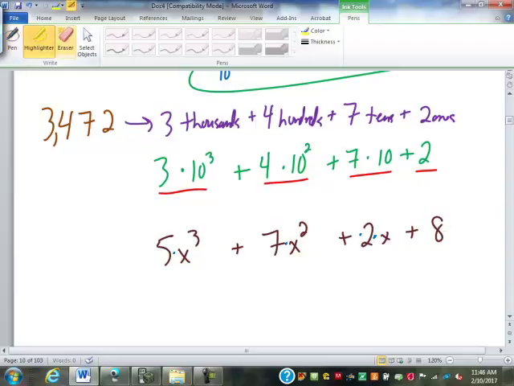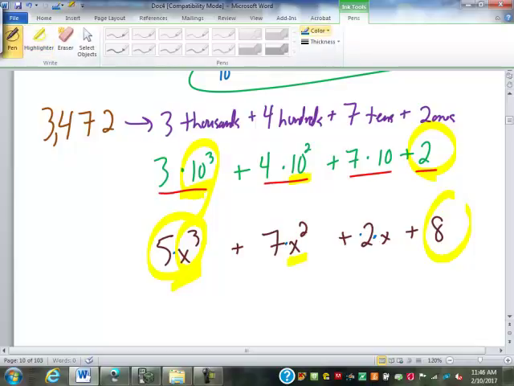You see here, these x's now become the place values instead of the tens. Instead of 10 to the third, it's x to the third is our place value. So 10 squared, it's x squared. Ones are still ones because 10 to the 0 and x to the 0 both equal 1.